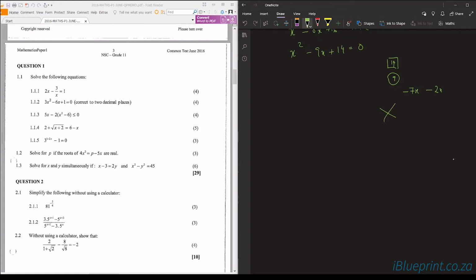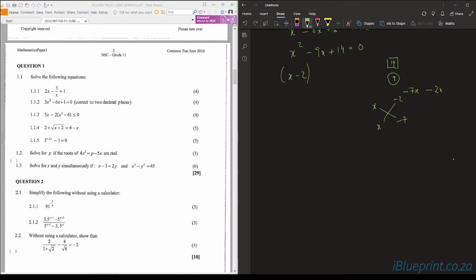We make our little cross. This time it's simple, it's just x. So we have x here and x here. We make minus 7, make minus 2. And we can check: x times x, x squared. Minus 2 times minus 7, plus 14. Minus 7x, minus 2x, minus 9x.